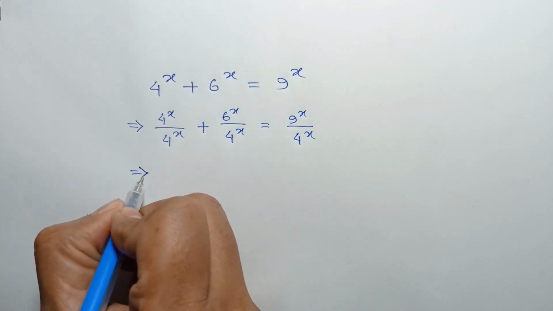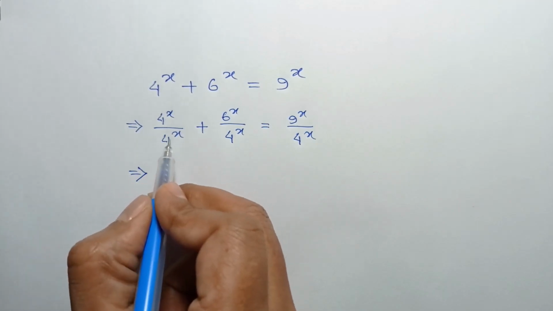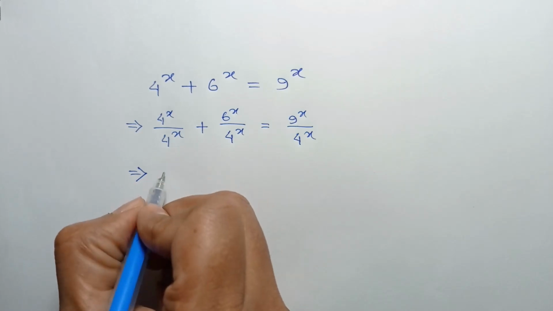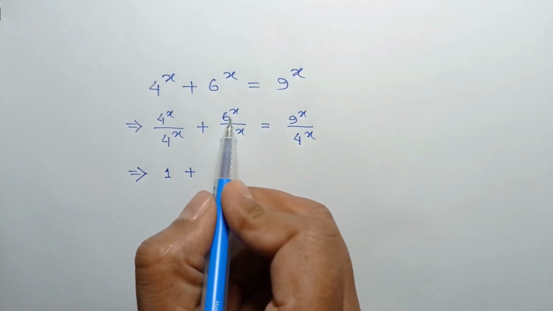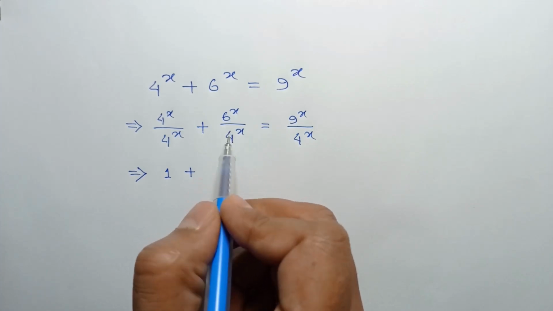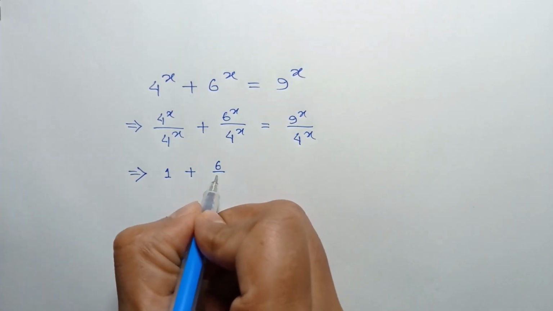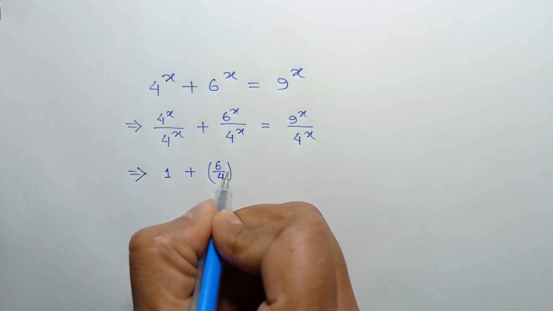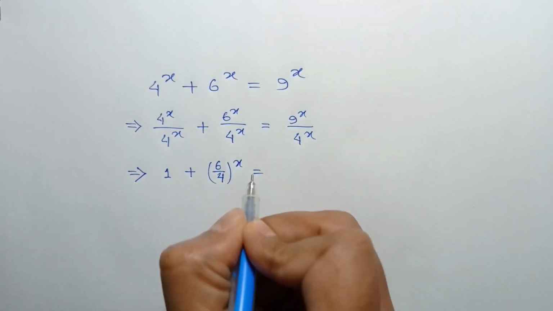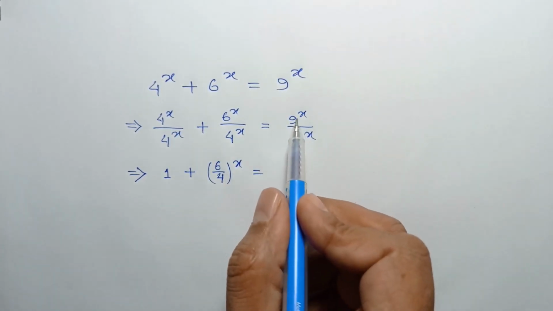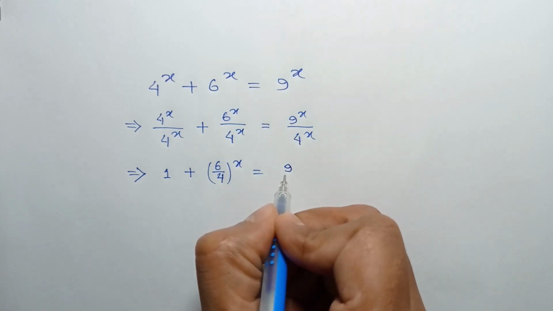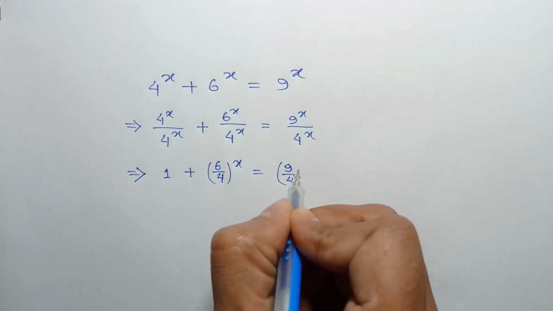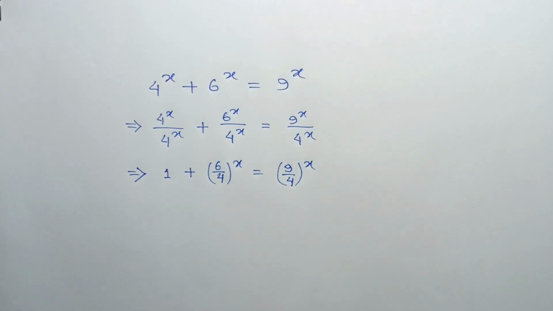Or 4 to the power x divided by 4 to the power x is 1, plus 6 to the power x over 4 to the power x can be written as (6 over 4) whole to the power x, is equal to, similarly 9 to the power x over 4 to the power x can be written as (9 over 4) whole to the power x.